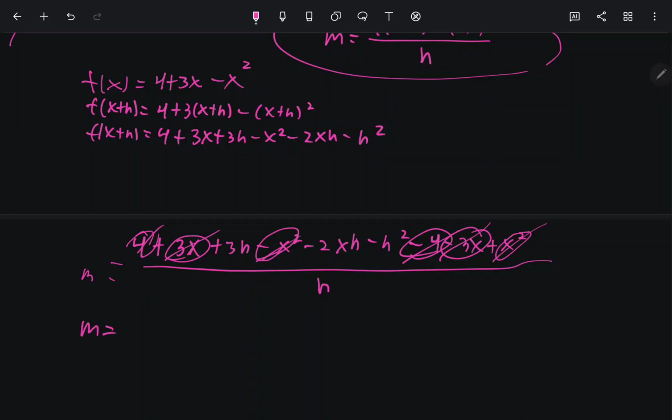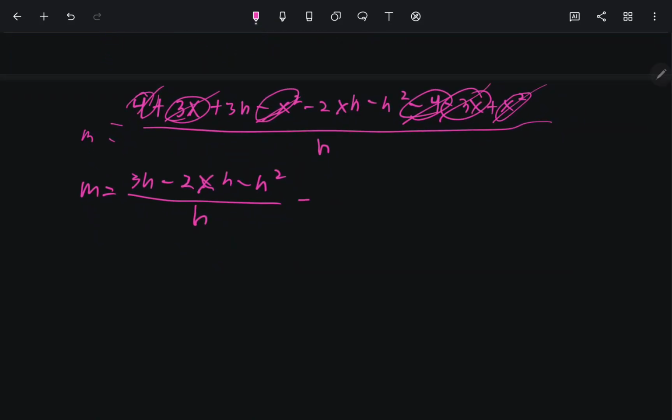And you see, we are left with a lot simpler figure. In fact, we are only left with h's. And now we can see that our m is going to be equal to 3 minus 2x minus h.